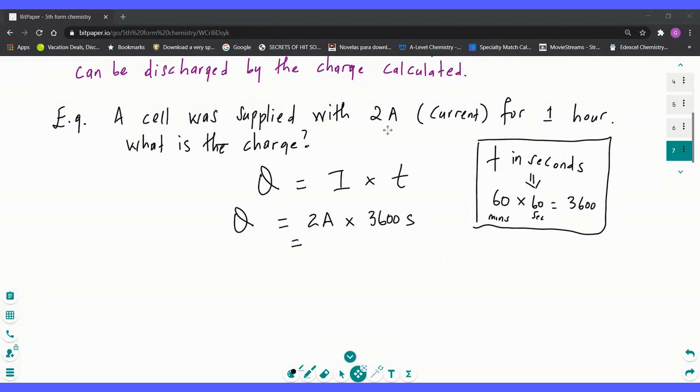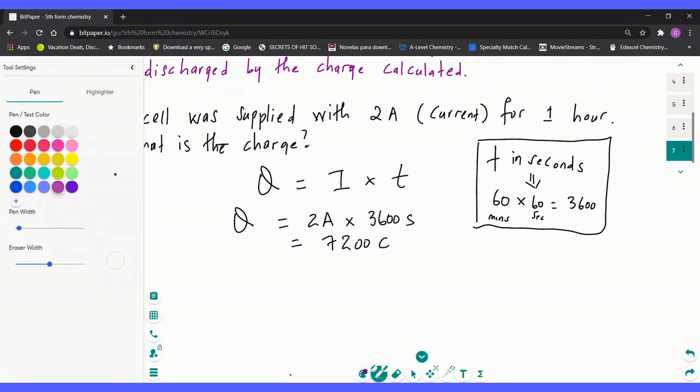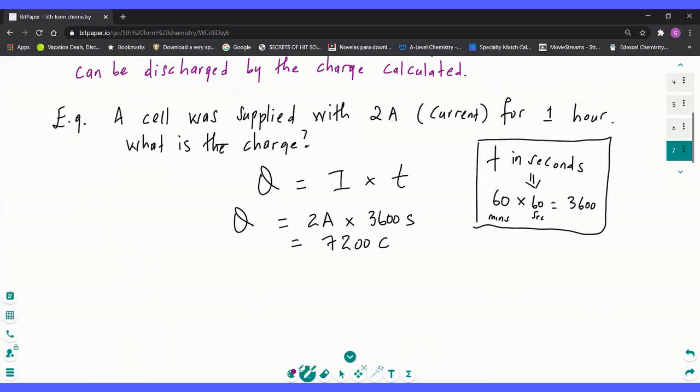What would this work out to give us? It's 7,200, and our units should be C, which represents coulombs. So everybody should be able to work out the charge: time multiplied by current. The only challenge sometimes is that they don't give you the time in seconds and you have to convert it into seconds.